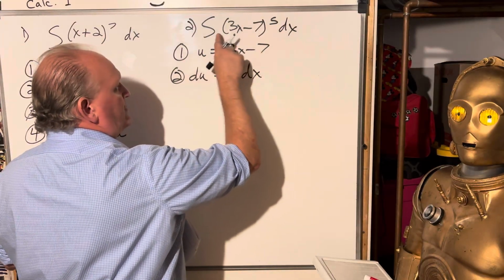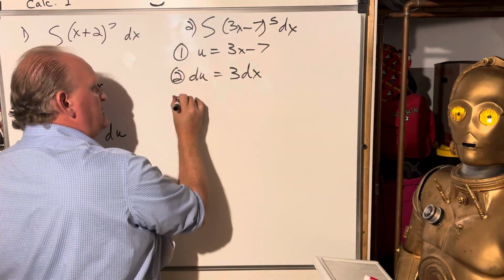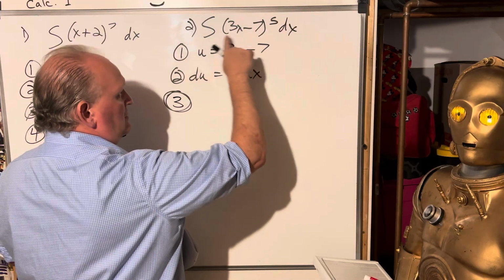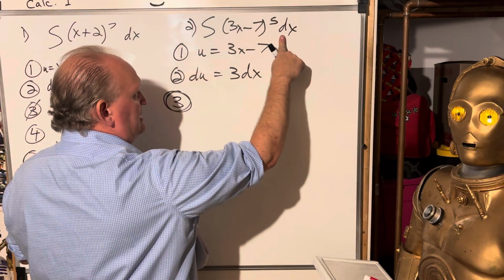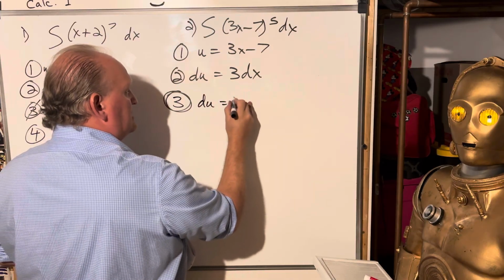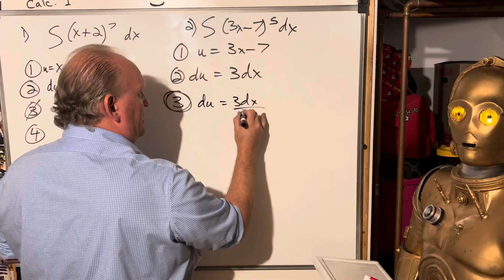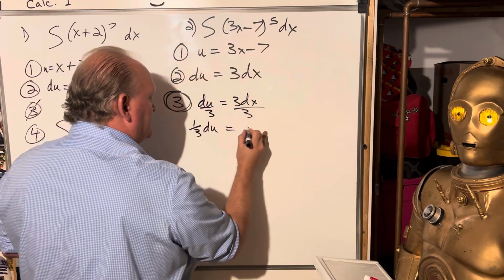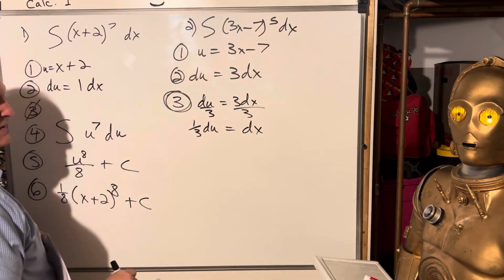They don't have a 3. So this time we do get to do step 3, which means I want to look up here at what I have. I have a dx and nothing else. So I need to isolate that dx and divide both sides by 3. So 1/3 du has to be substituted in for dx.